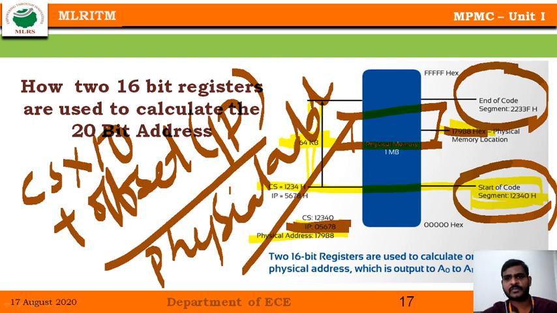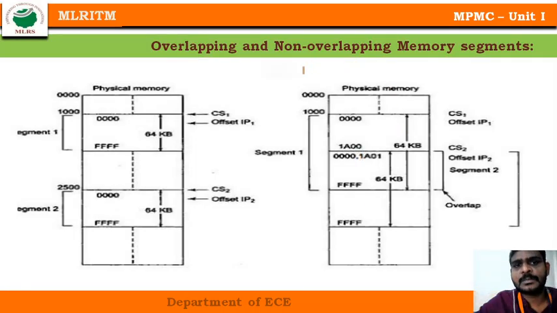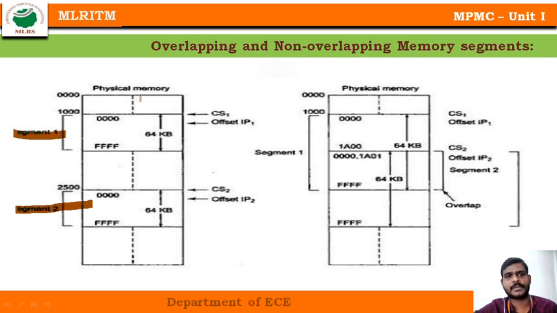Okay, this is the formula, easy to understand, to get your actual 20-bit address. This diagram indicates that, as I said, the segment registers can be overlapped. Here segment 1 and segment 2 are non-overlapped, but here it is overlapped.